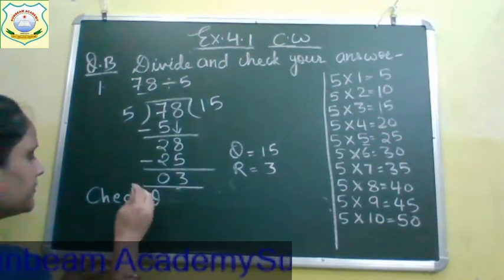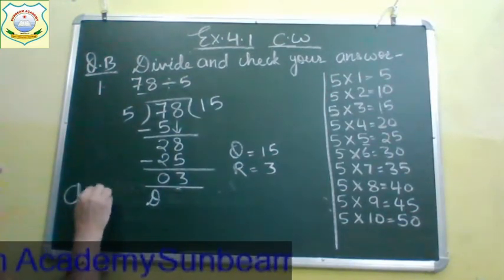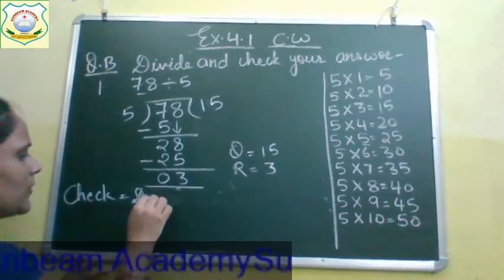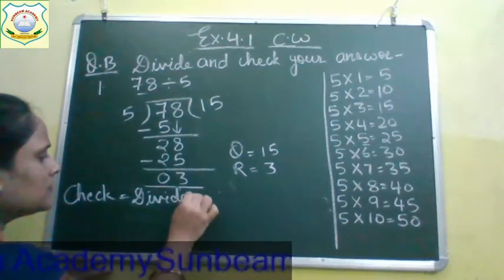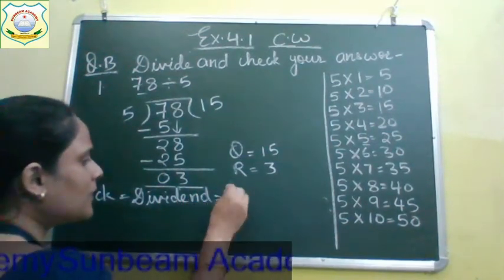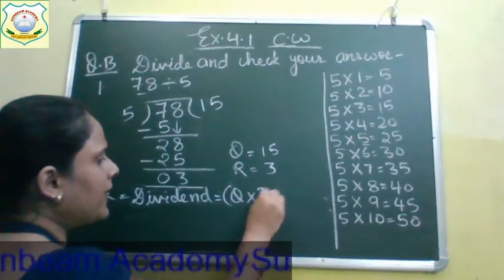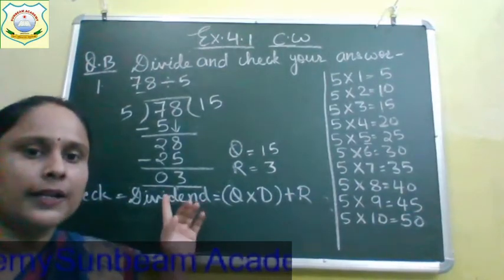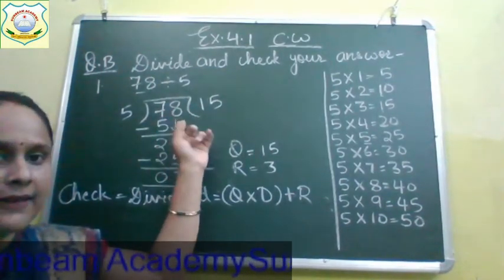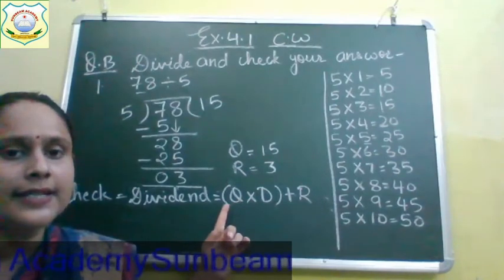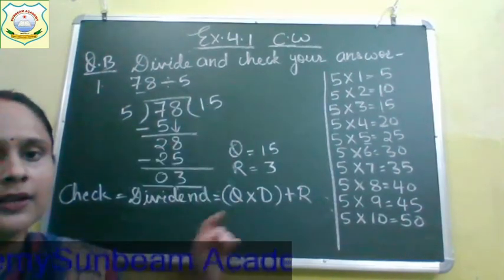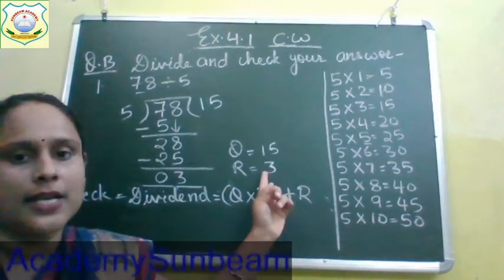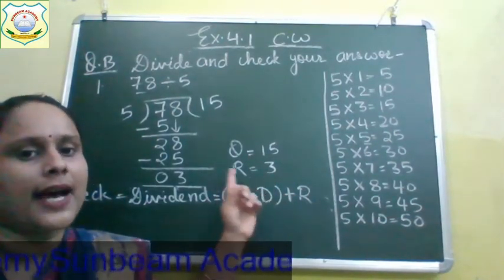Dividend is equal to quotient into divisor plus remainder. This is the checking formula. Dividend is the number that is written, 78. Quotient is 15. Divisor is the number by which we are dividing, and remainder is 3, the number which is left in the end.